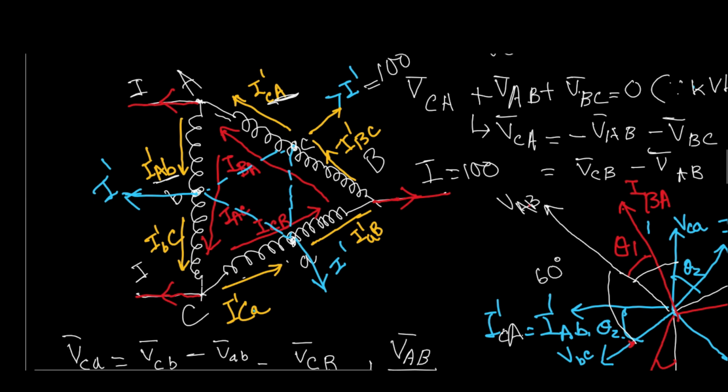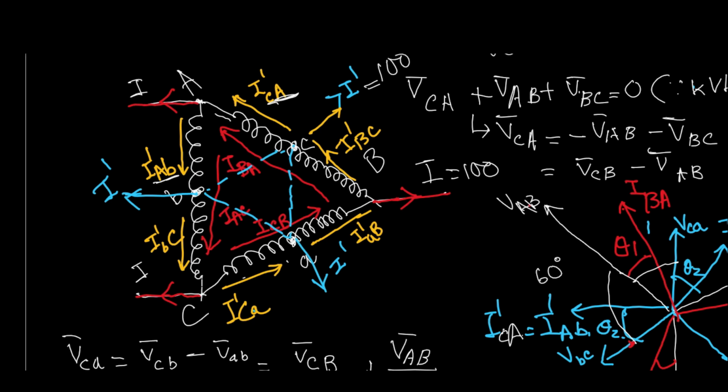First we have to find the magnitude of the corresponding voltage. So I just started from KVL. If you apply KVL on a closed delta, you should get 0. So VCA plus VAB plus VBC is equal to 0. That implies VCA can be written as VCB minus VAB.